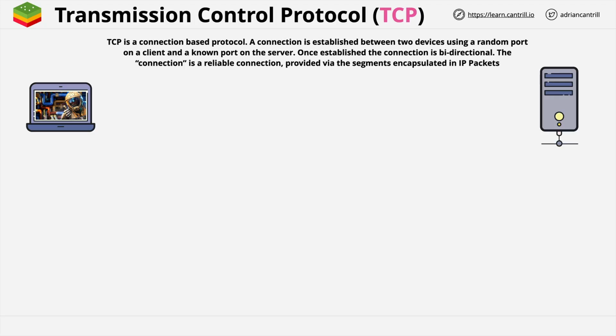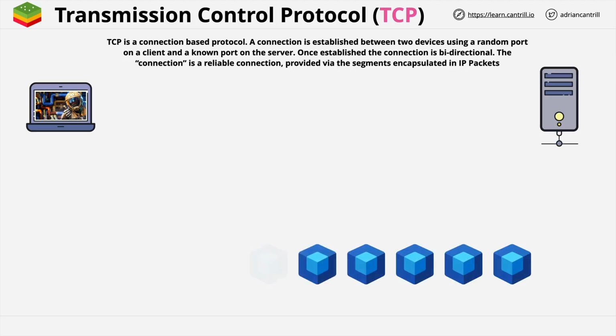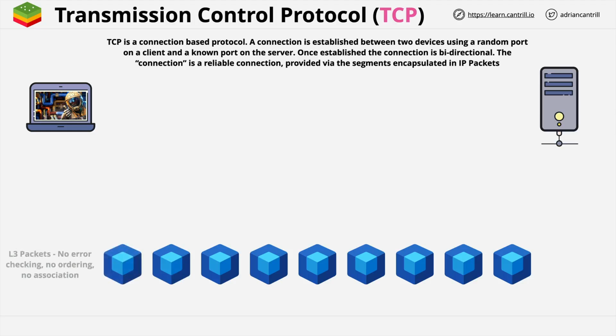Now let's step through how this actually works now that you understand TCP segments. The actual communication between the client and server will still use packets at layer 3. We know now that these are isolated. They don't really provide error checking or any ordering, and they're isolated, so there's no association between each other.